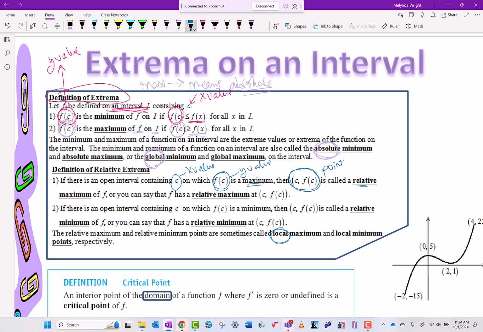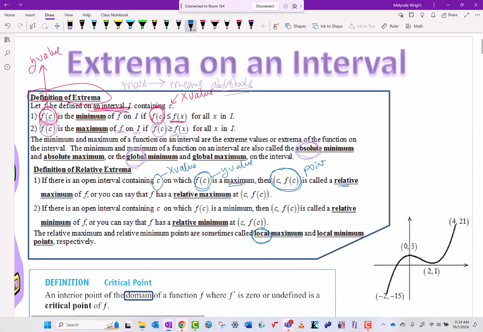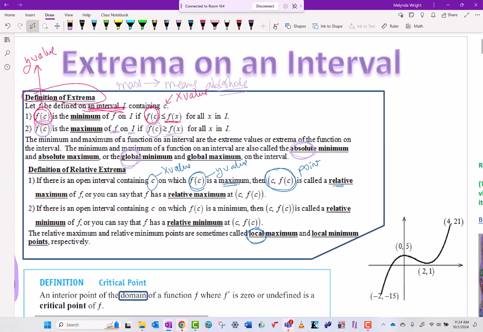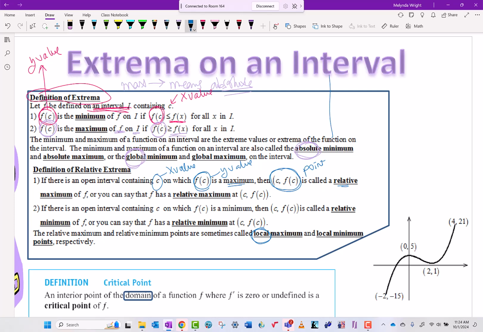So let me show you a graph where we can kind of tell those apart. Let's see exactly what we're talking about. I'm going to just draw something over here. Maximum values, which you probably remember from previous math classes, is just like the tallest value.